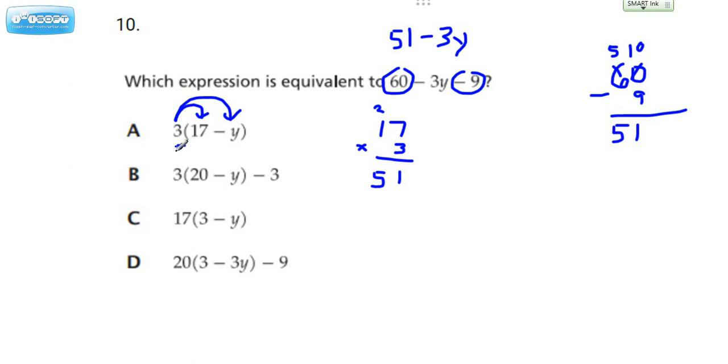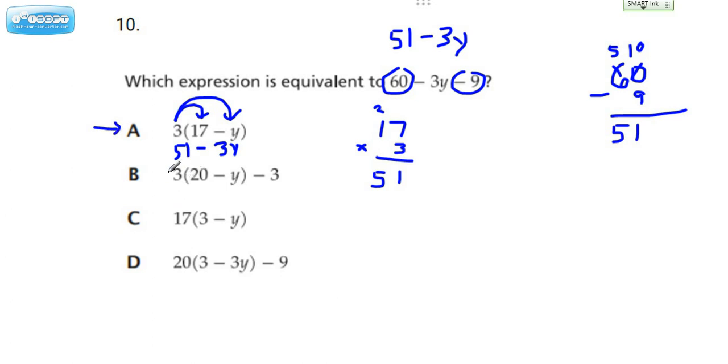I'm just going to write that underneath. We'll bring down the minus sign. And 3 times y: if we have 3 groups of subtracting yo-yos, then we're really taking 3 yo-yos away. So far, that looks promising because that matches what we have over here. They want to know which expression is equivalent. This is a contender, but before we pick that, we would want to eliminate the other choices.